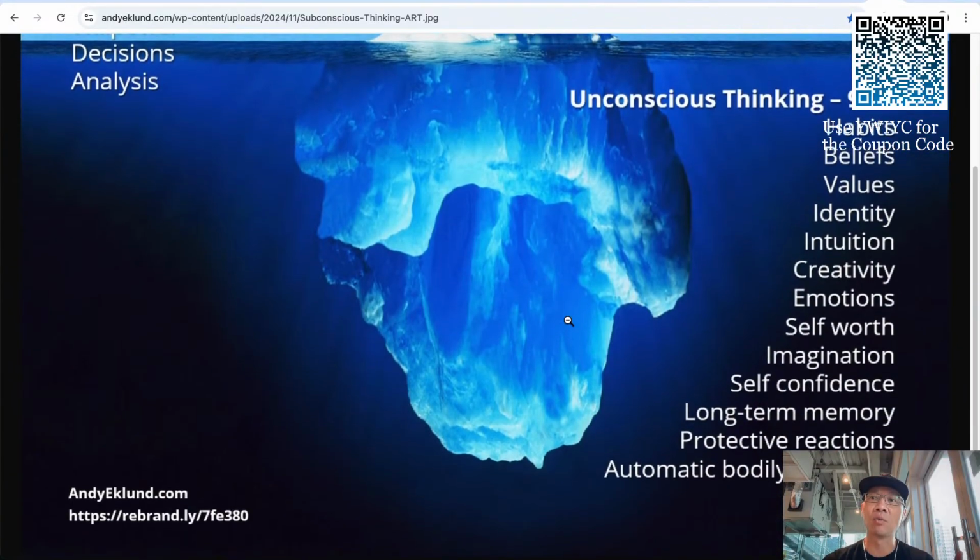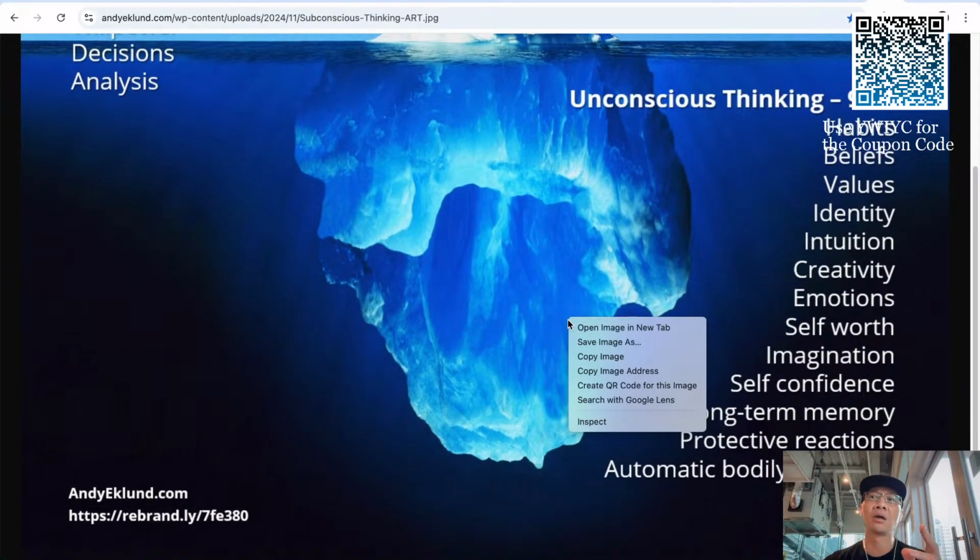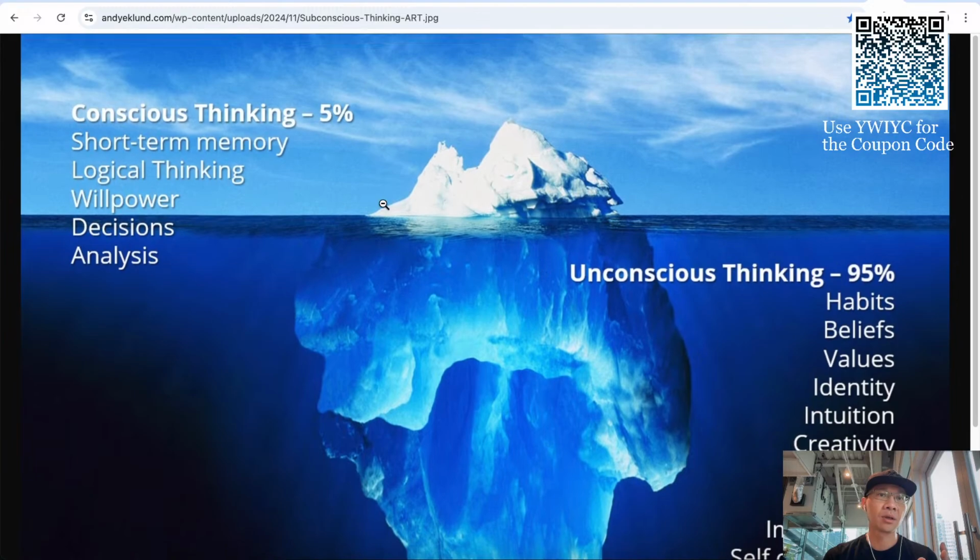They got to find a way to really reinstall new habits, new beliefs, new identities, new self-worth, new imagination, new self-confidence. When you get this guy in the right direction, everything will line up. Everything will line up, okay?